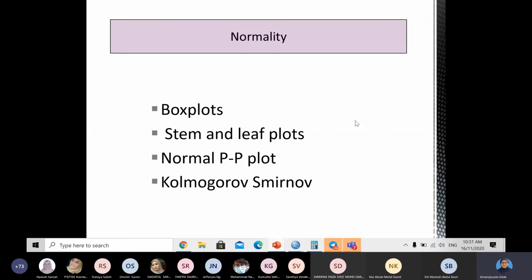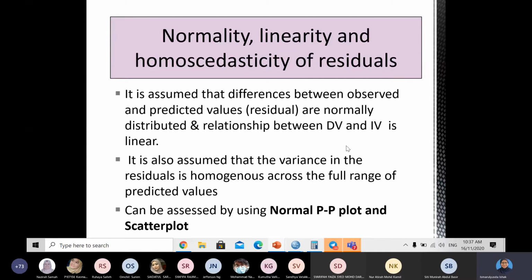For normality, you can look at the box plot, stem and leaf plots, normal P-P plots, Kolmogorov-Smirnov. And for linearity and homoscedasticity of residuals, you can assess using the normal P-P plot and scatter plot.